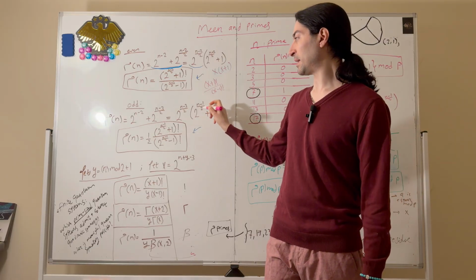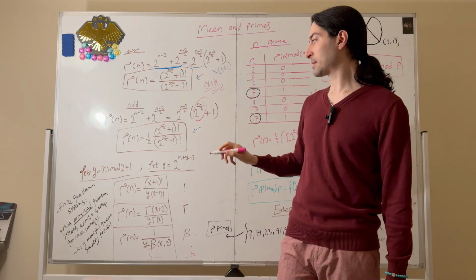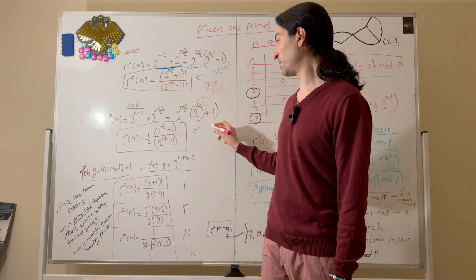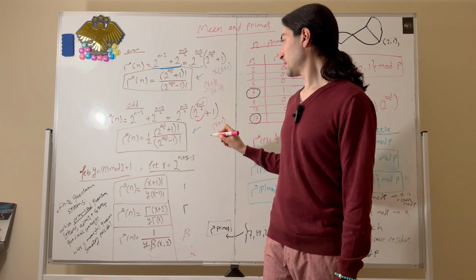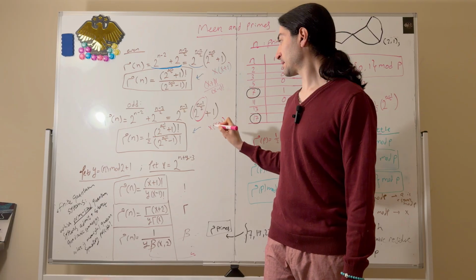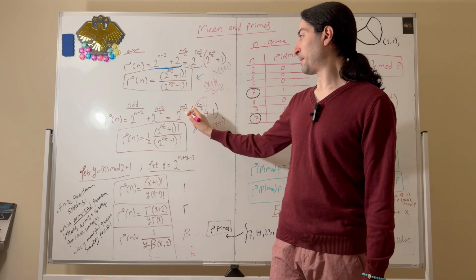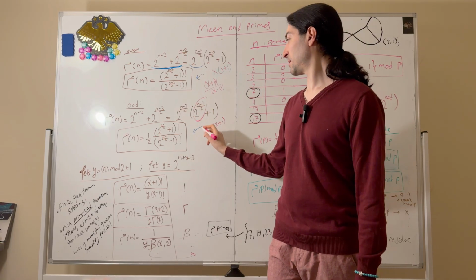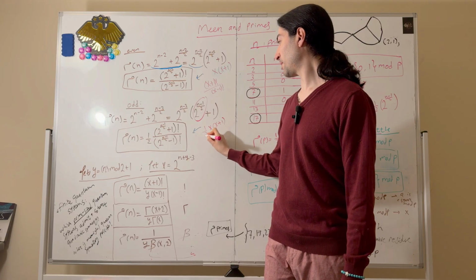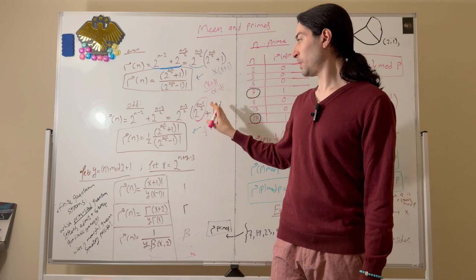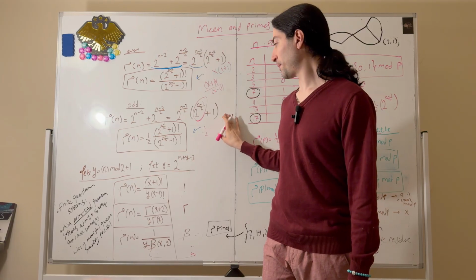If we consider this to be x, this is the equivalent of (x plus 1) times x, and then we have a minus here, so that will become 1/2. So we can also express it this way.